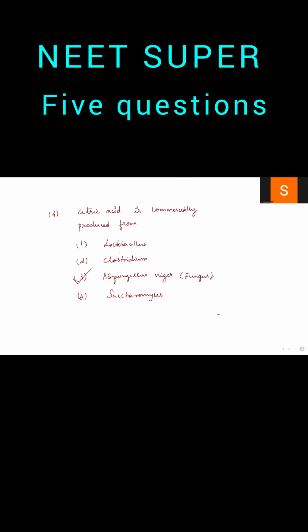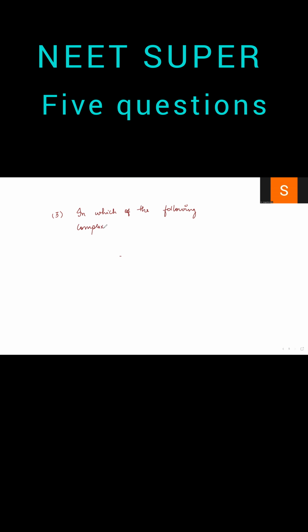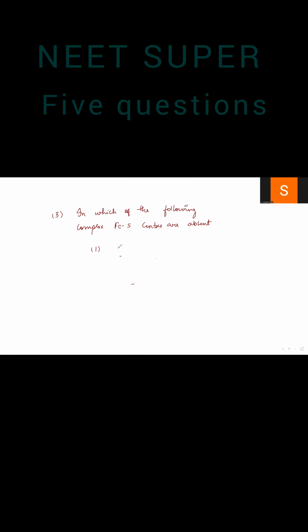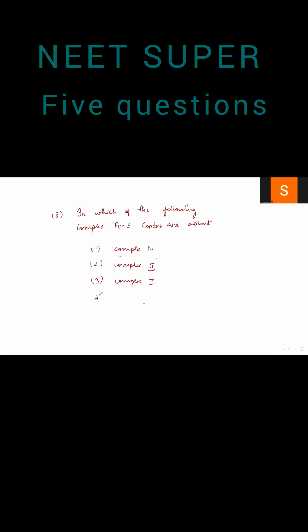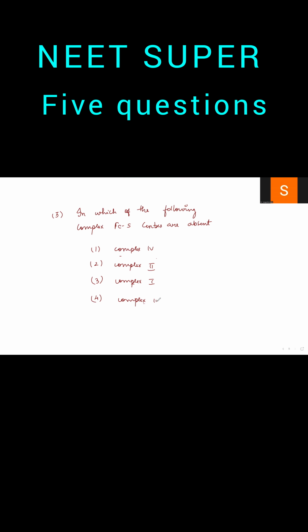So we go to the next question. In which of the following complexes is the iron center, that is the Fe-S center, absent? Complex 1, complex 3.